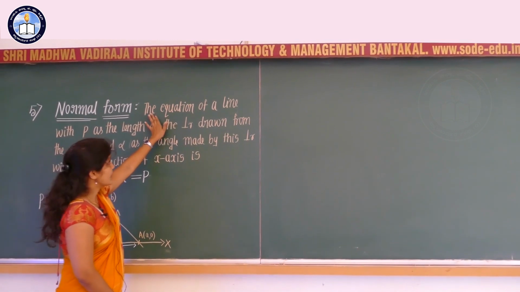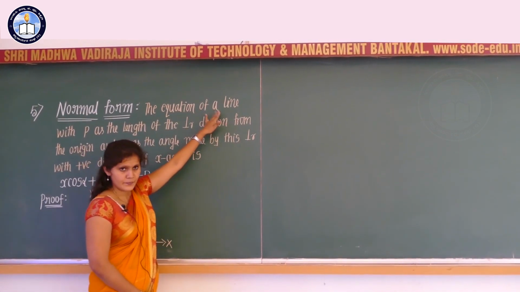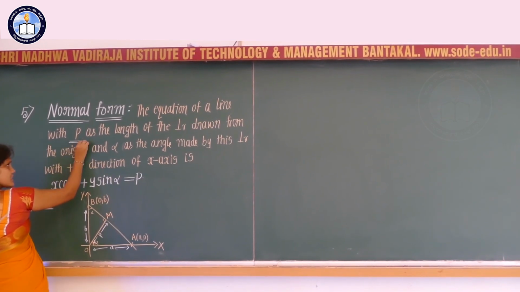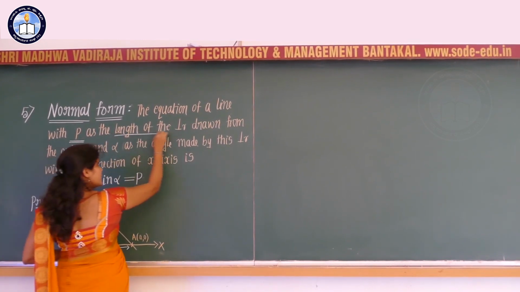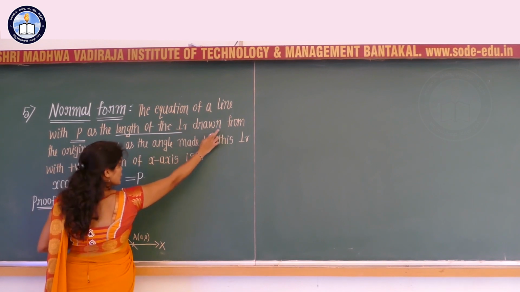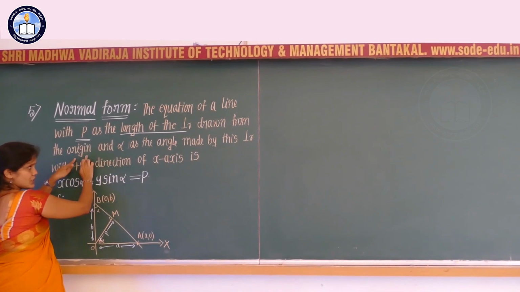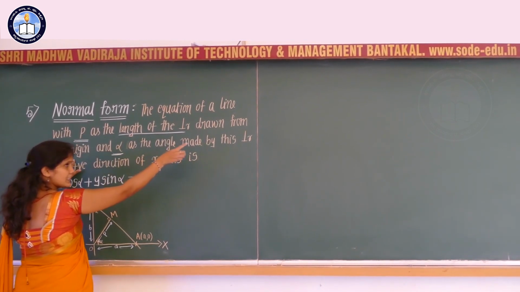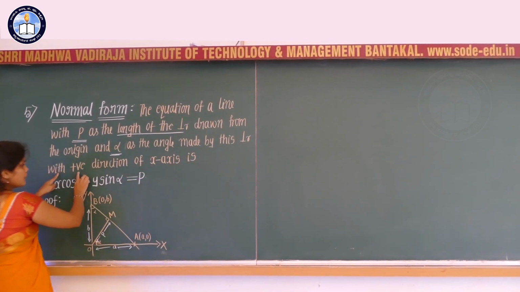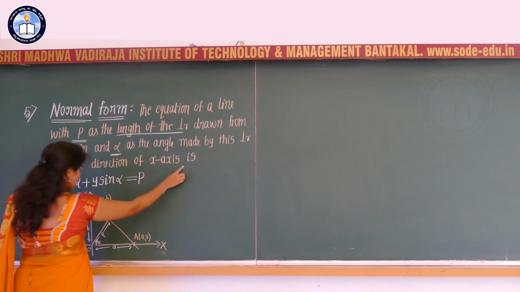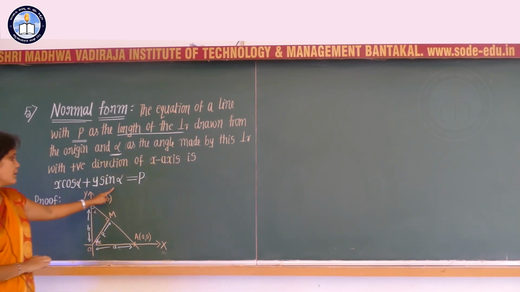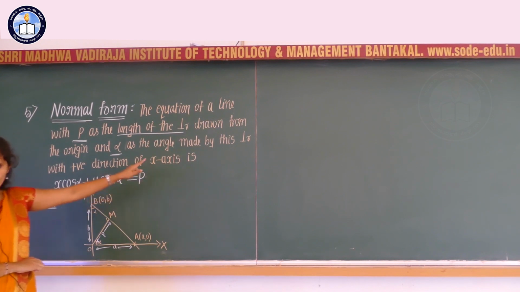The statement is: the equation of a line with P as the length of the perpendicular which is drawn from the origin, and alpha as the angle made by the perpendicular with the positive direction of x axis, is given by x cos alpha plus y sin alpha is equal to P.